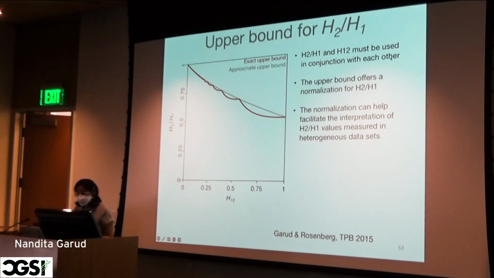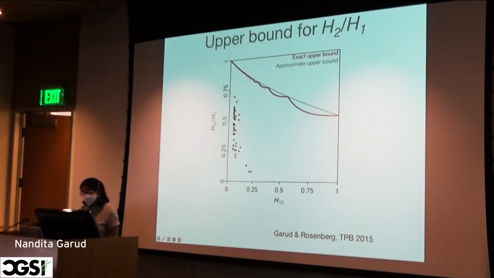The upper bound provides a normalization for H2 divided by H1, and this actually can help facilitate the interpretation of H2 divided by H1 measured in heterogeneous data sets. I'll leave the paper for you to read, but in other words, if you were to plot what we observe in the data, you'll see that it kind of follows this inverse relationship. Here happen to be our top 3 outliers.